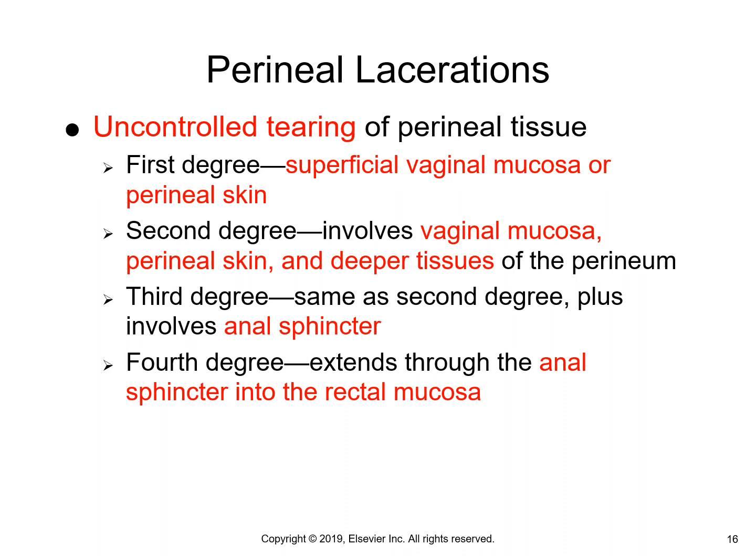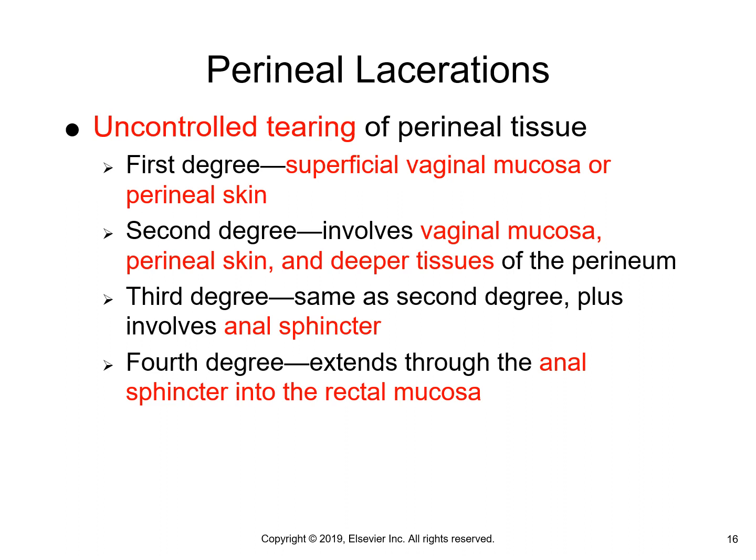So when you talk about perineal lacerations and episiotomy, we're talking about first degree, second degree, third degree, and then fourth degree. First degree is where it's superficial vaginal mucosa or perineal skin.